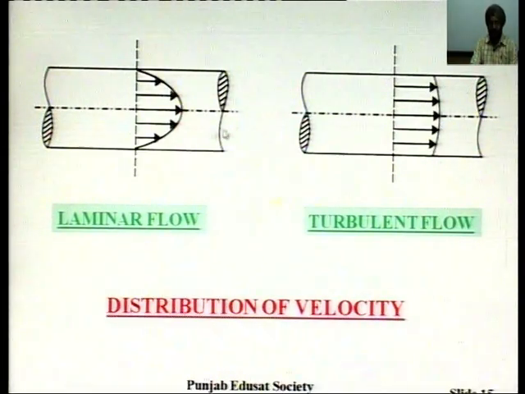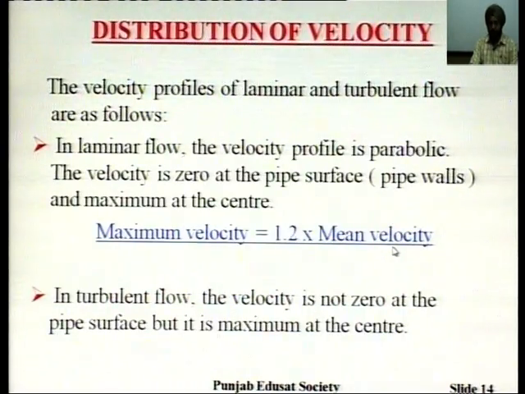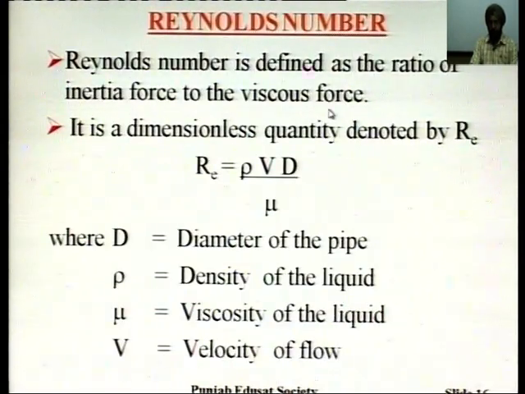So this is the difference in the velocity profiles of laminar and turbulent flow. Now this was all regarding the demonstration of laminar flow, turbulent flow and the transitional state by the Reynolds experiment, the different aspects coming out of it, and the velocity profiles.